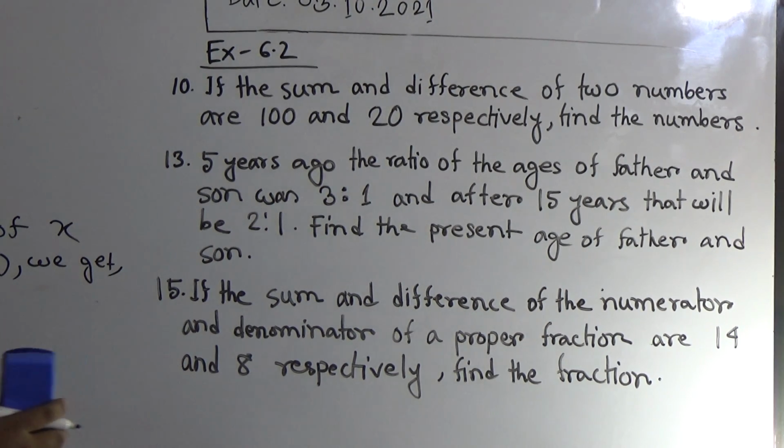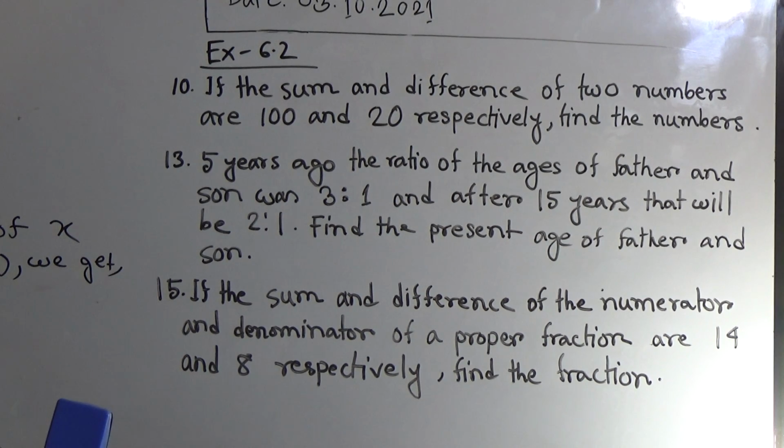My dear student, we don't know the present age of father and son. So at first we consider the present age of father is x years and the present age of son is y years. After that we apply two conditions, and by using those two conditions we get two equations. By solving those two equations we find the present age of father and son.